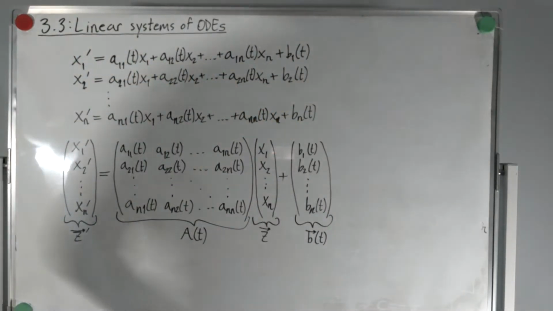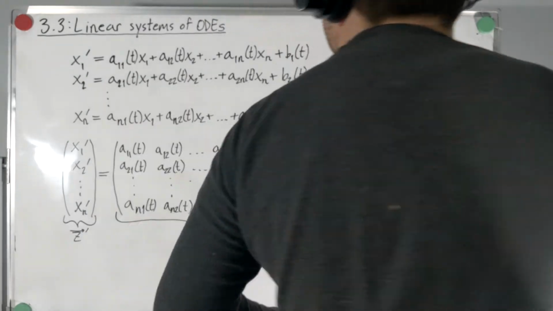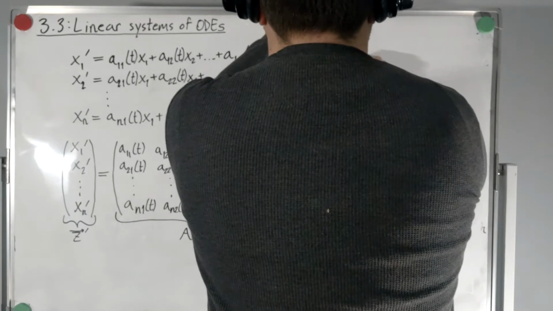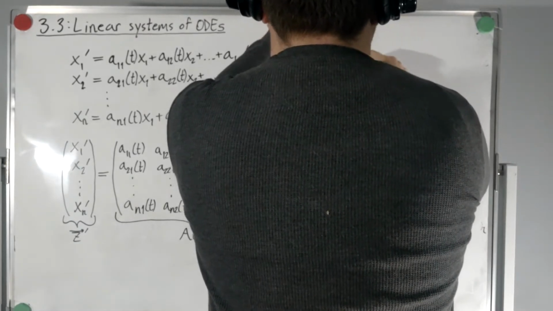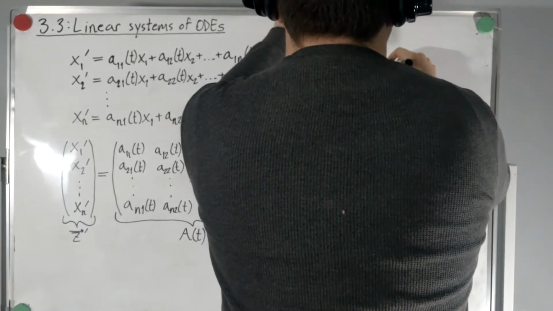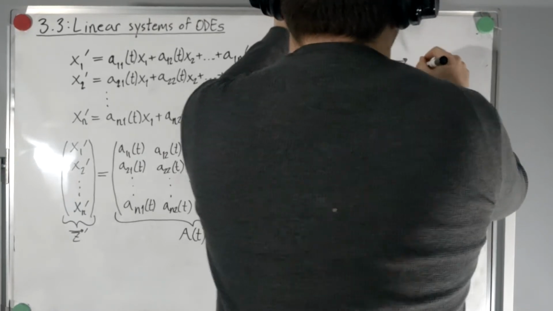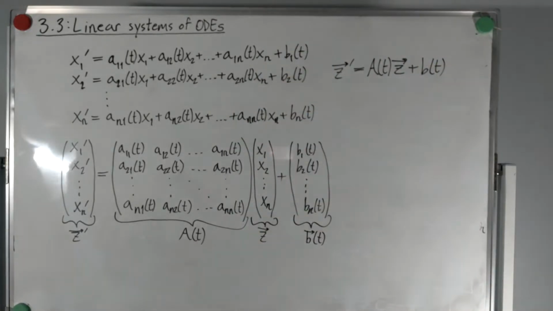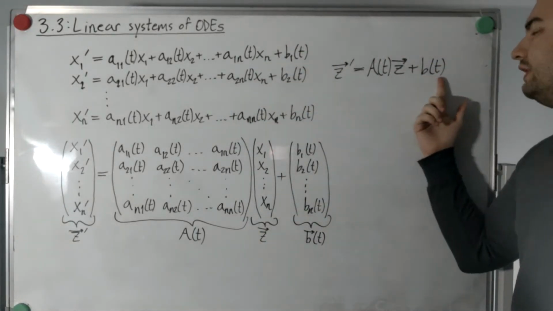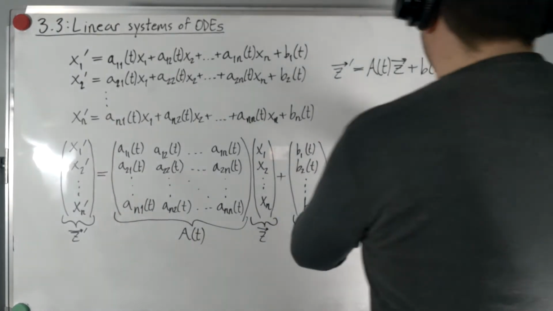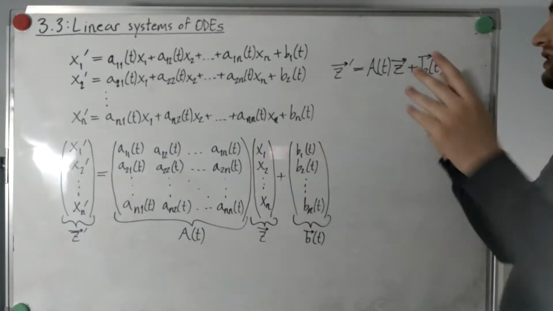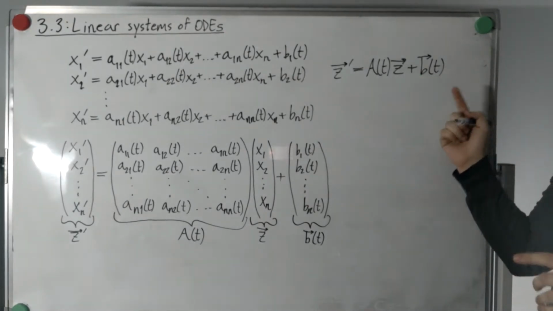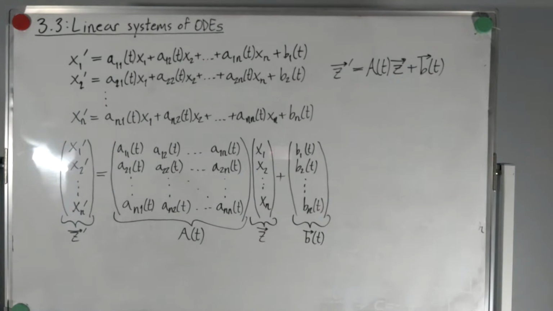So in other words, every linear system of ODEs can be rewritten as a single vector ODE that looks like z prime equals A of t z plus b of t. And it's a homogeneous system if b vector of t is the zero vector. Okay?